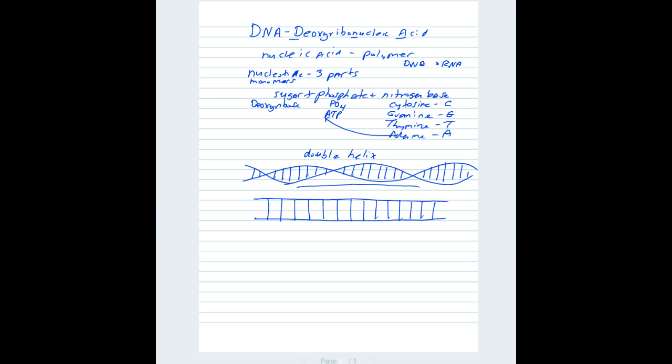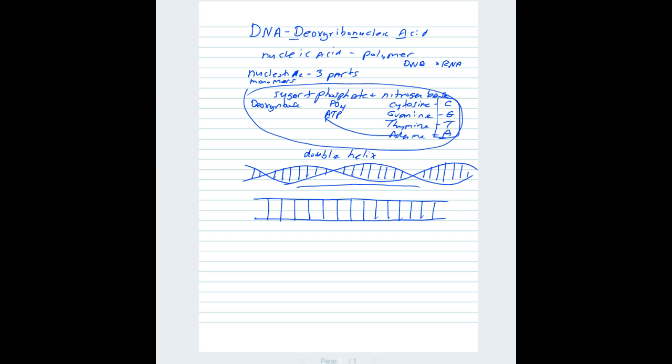Okay, so it turns out that the arrangement of all of these parts happens in a particular way. I'm going to draw below this sideways ladder. I'm going to use the letters P for phosphate, S for sugar, and then I'll use B for base. Well, actually, I'll use one of these four letters for the bases.